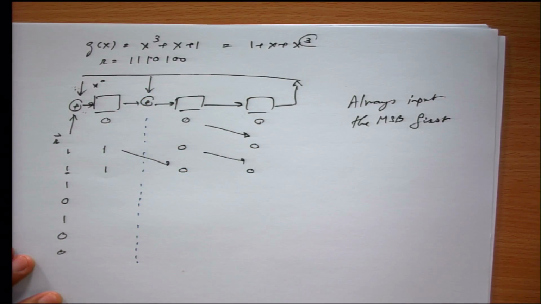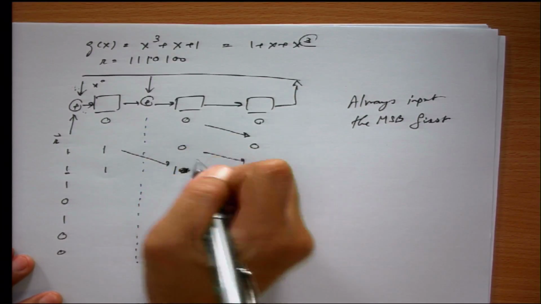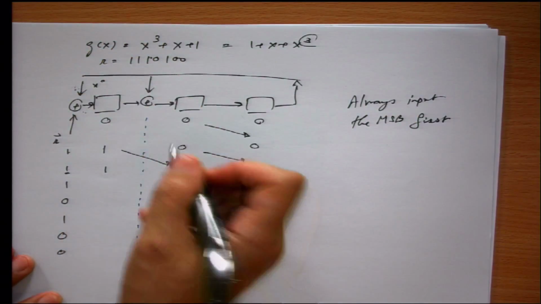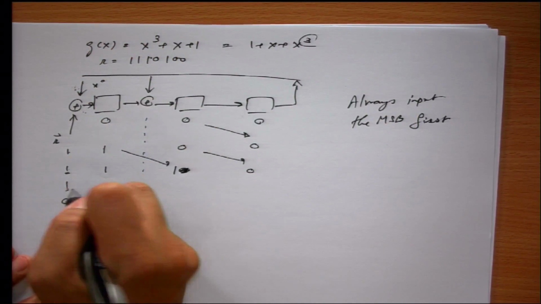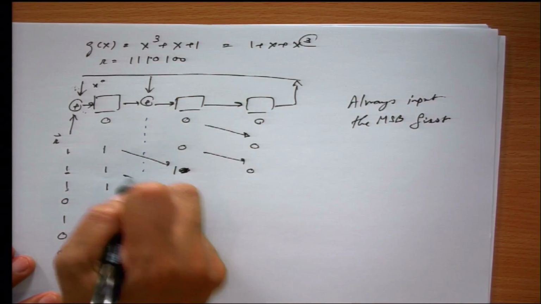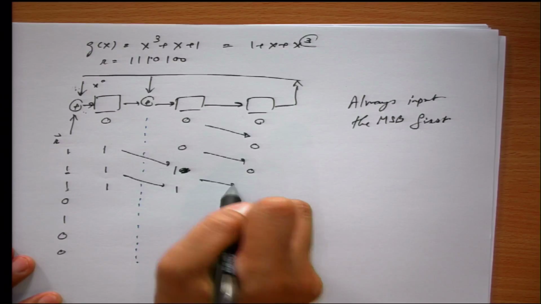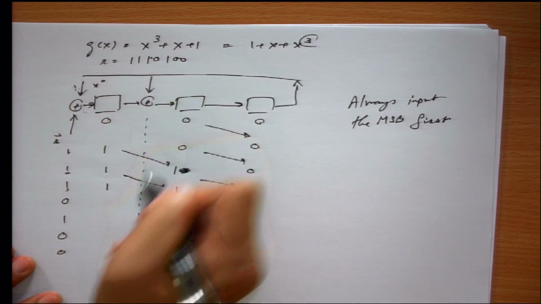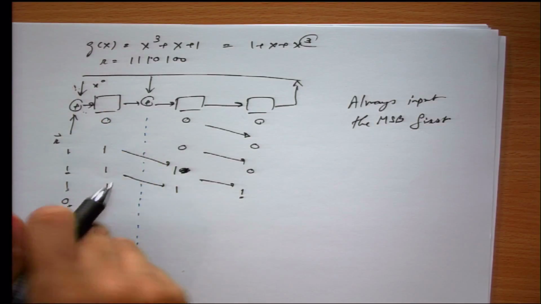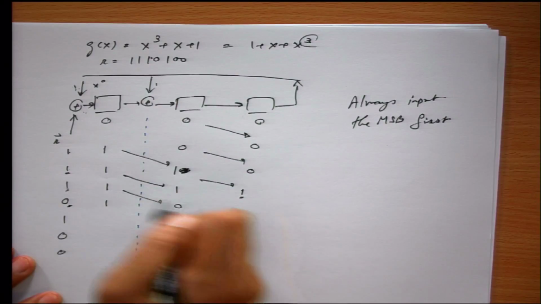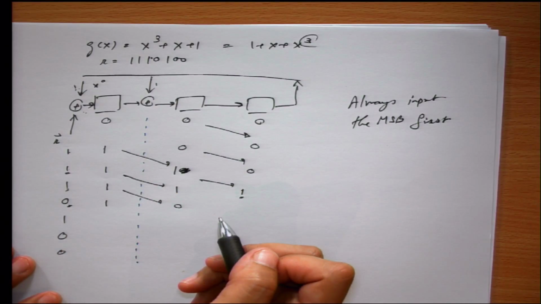Then 0 is shifted, so 0 plus 1 is 1. Again 0 is shifted, so this is the same. Then 1 is shifted here, 1 is shifted here, 1 plus 0 is 1. Everything changes at the boundary.